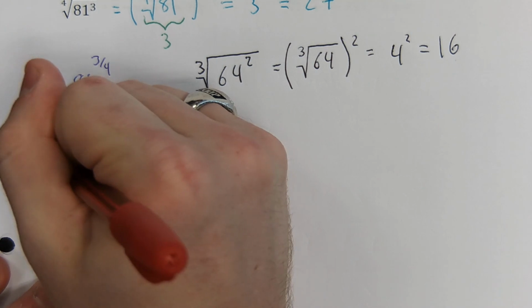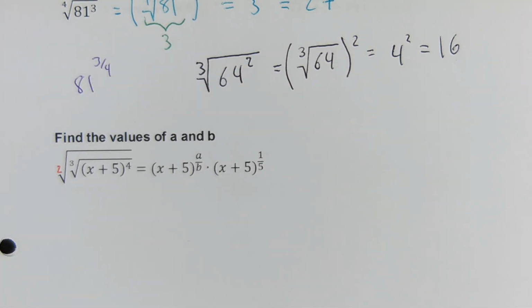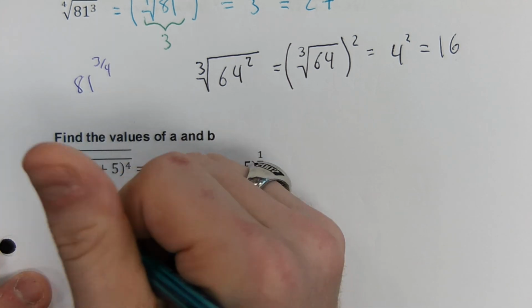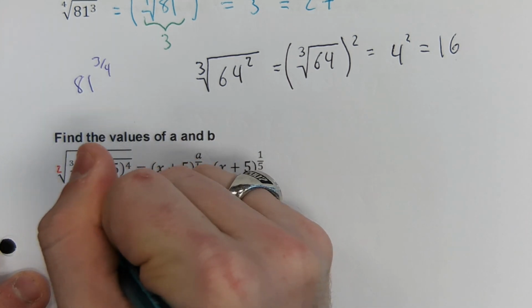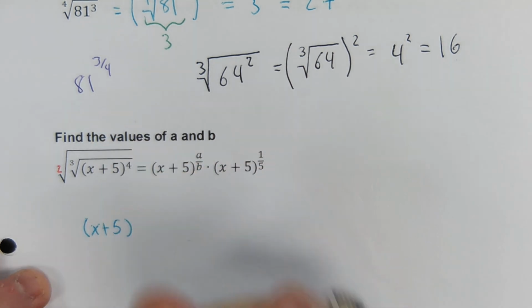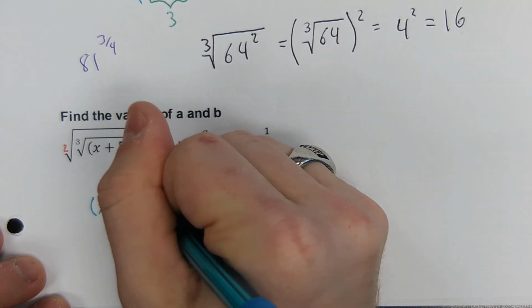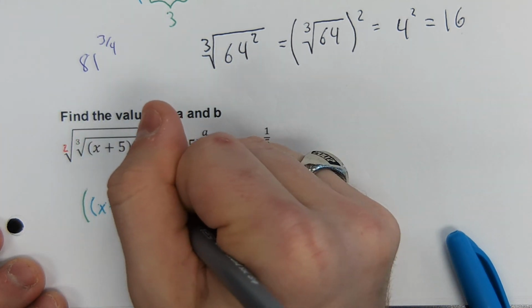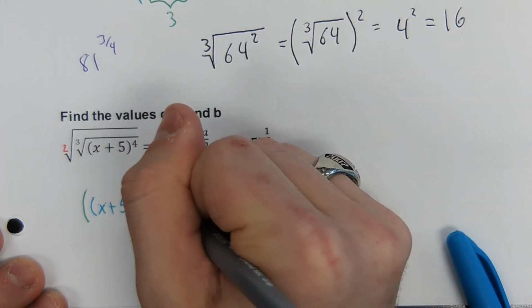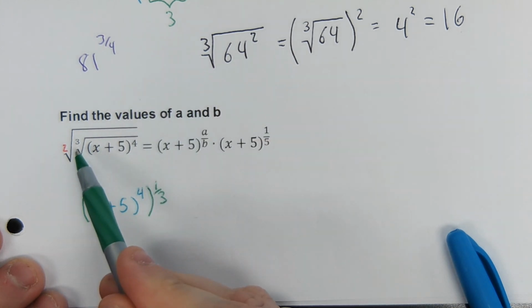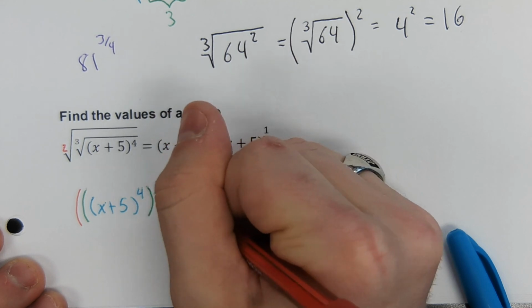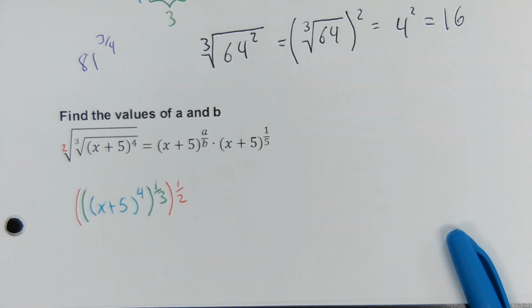2. On the left side, can we all agree if we were using this as exponents, this would say x plus 5 raised to the 4, raised to the 1/3, because that is the cube root, raised to the 1/2, because that is the square root. That was just the left side of the equation.